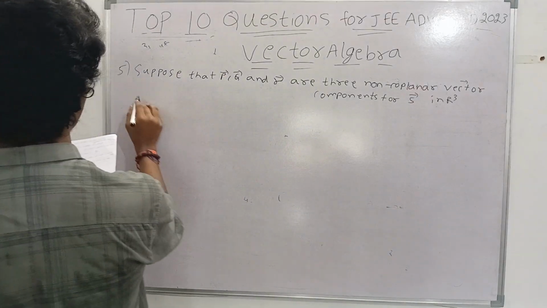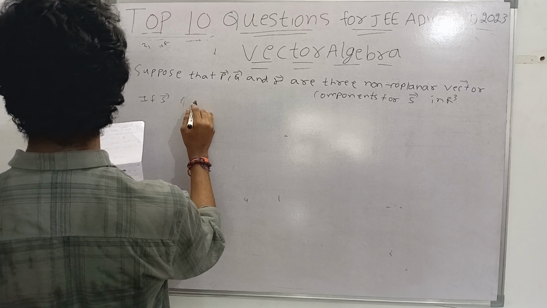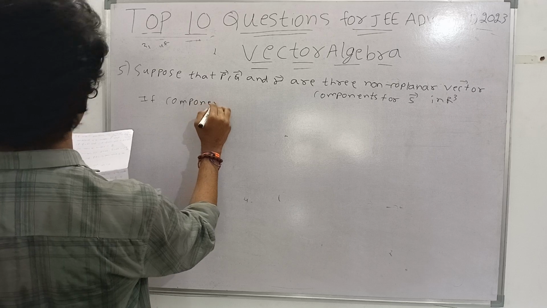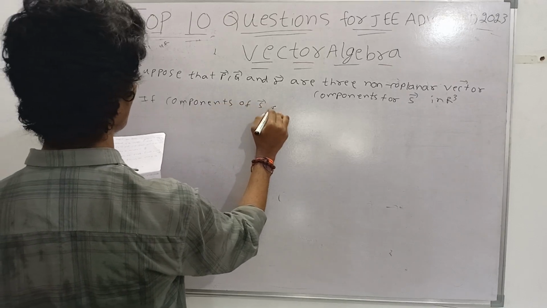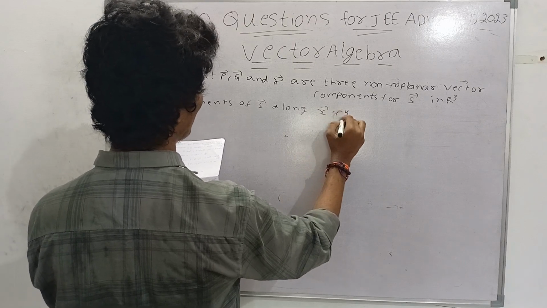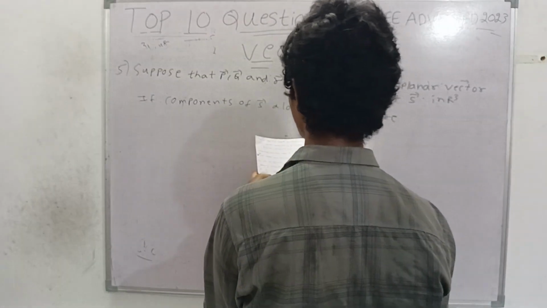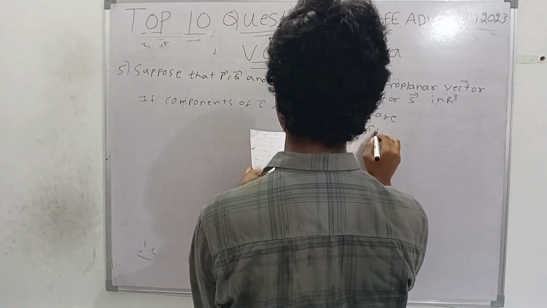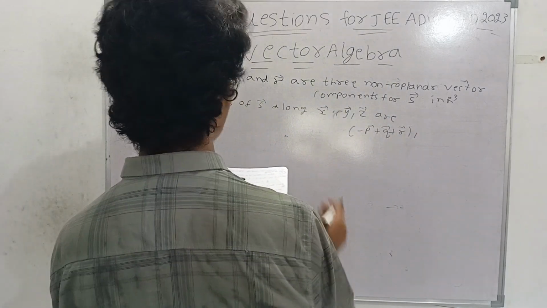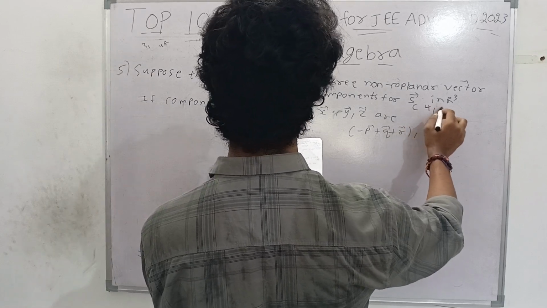And also if the components of S vector along x, y, z are minus p vector plus q vector plus r vector, and here p, q, r vectors are components in S vector, and the values are given as 4, 3, 5.